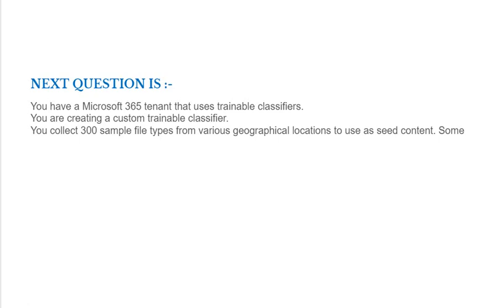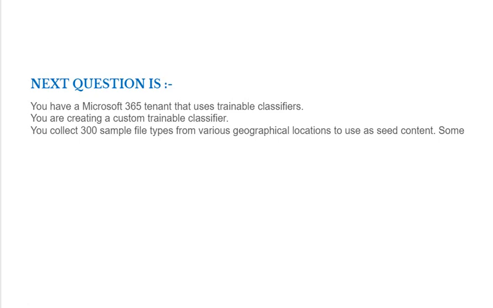Question is, you have a Microsoft 365 tenant that uses trainable classifiers. You are creating a custom trainable classifier. You collect 300 sample file types from various geographical locations to use as seed content.